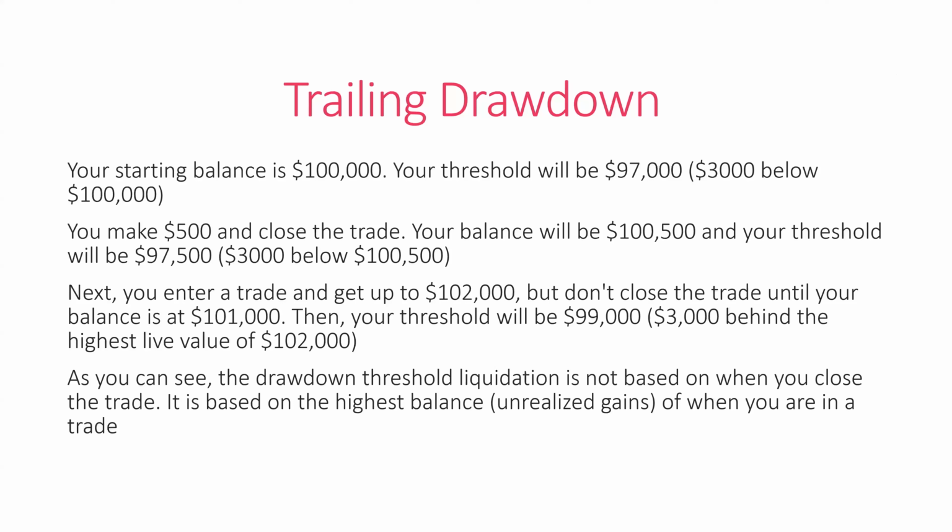So if your account started at 250,000 and you had a $5,000 drawdown, once you get to 255,000, meaning you've made 5,000, that trailing drawdown will stop right there. That's an advantage. That's a better trading scenario for you. So just keep in mind that every prop firm has a different way of doing their trailing.